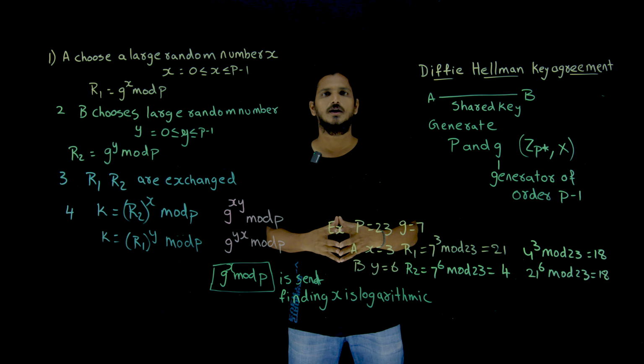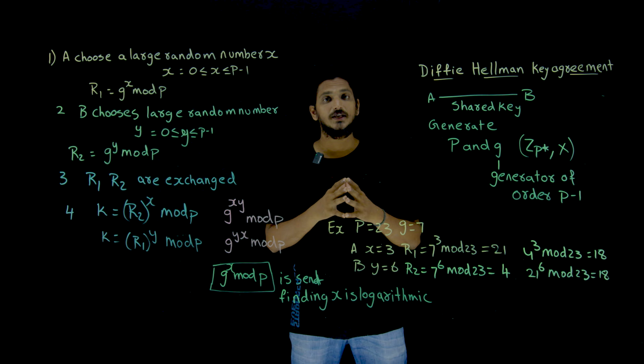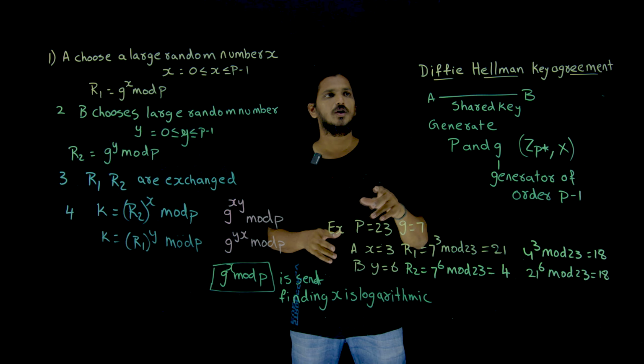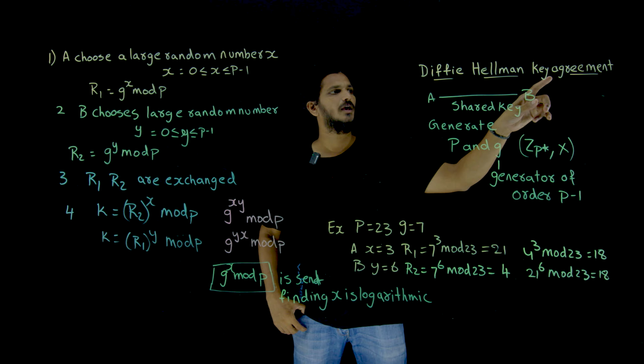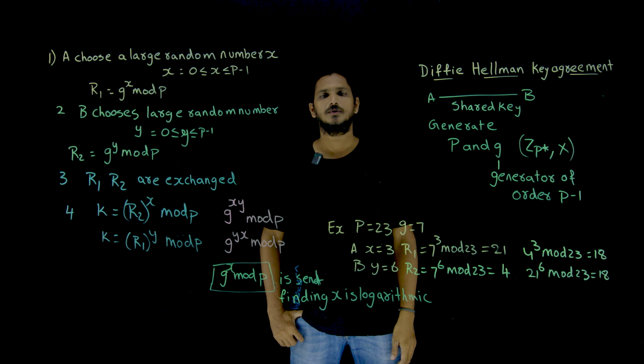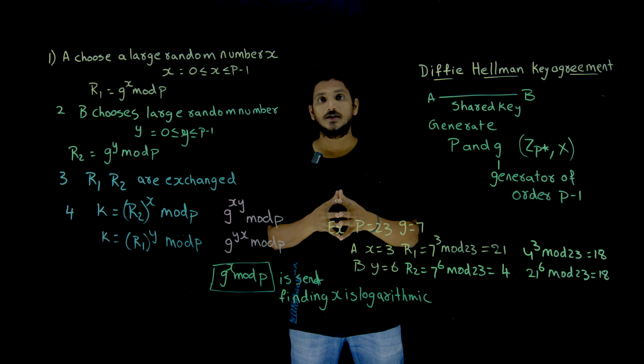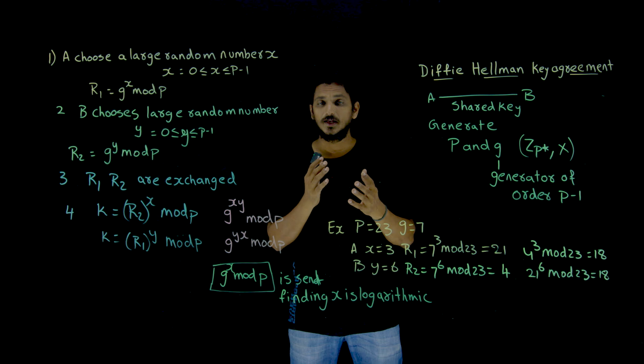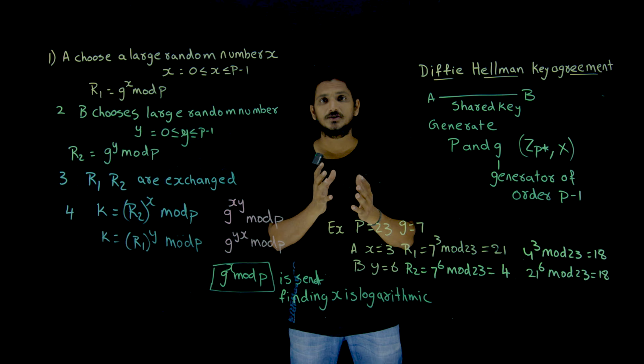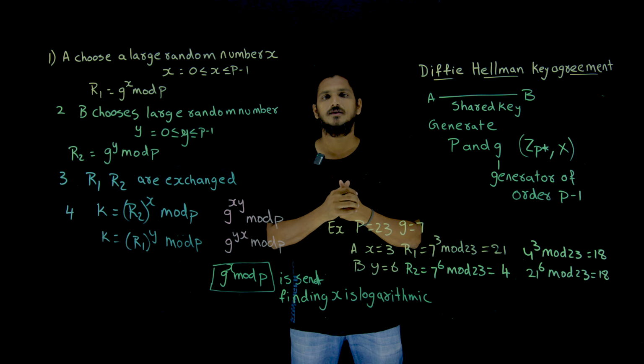I am Raghuveer. In this class, we will discuss our first key management key exchange algorithm, which we call the Diffie-Hellman key agreement algorithm. In our last class, we discussed that in order to exchange information, first we need to exchange the key.